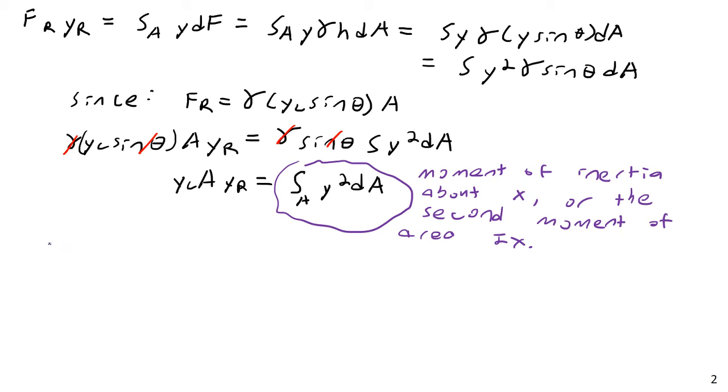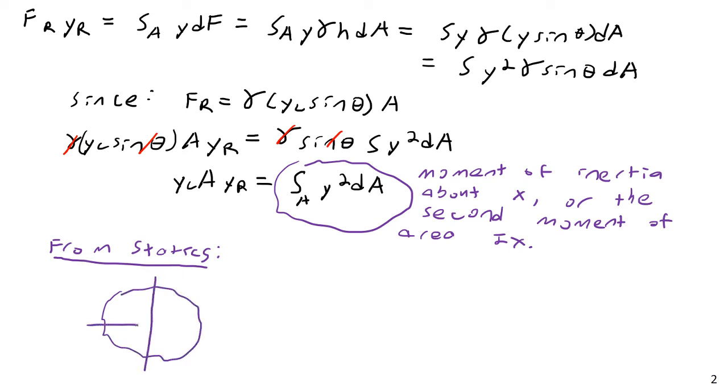Now, if we recall from statics, if I have a potato and I have a y and an x-axis, actually let me just draw this like this. If this is my x-axis, then my little dA is a certain distance y from the x-axis here. So Ixx is going to be the integral of y squared dA. And I know I drew the x-axis vertically.